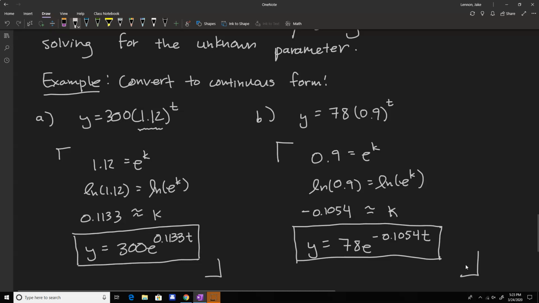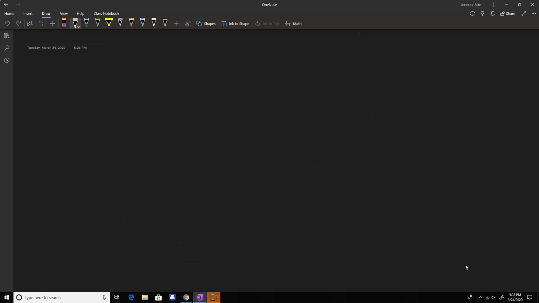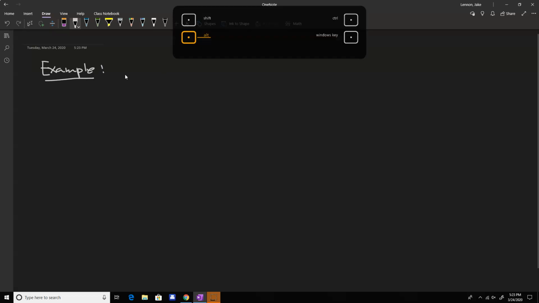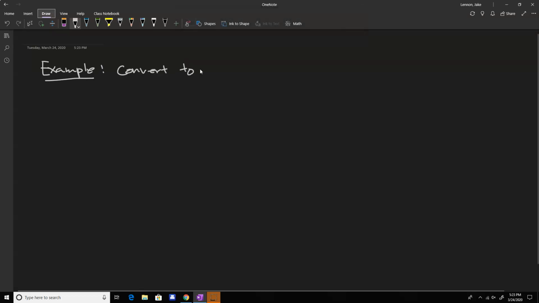All right, so let's continue. Let's go the other way and convert to standard form from the continuous form.